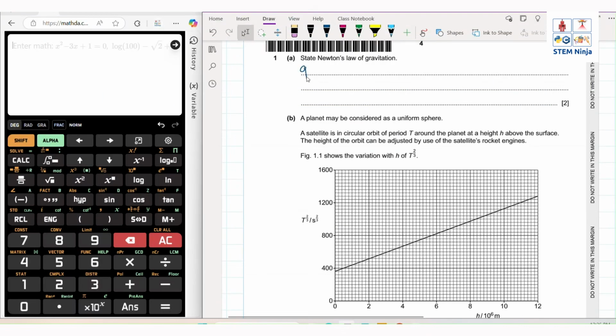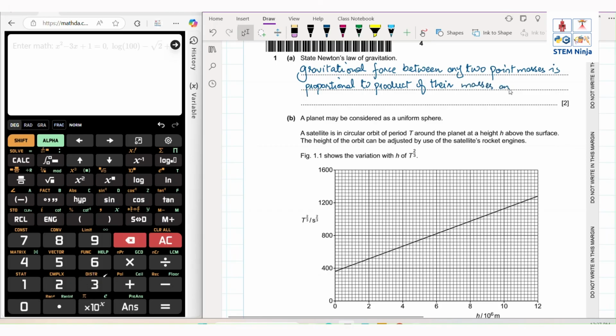So we can say that the gravitational force between any two point masses is proportional to the product of their masses and inversely proportional to the square of their separation.